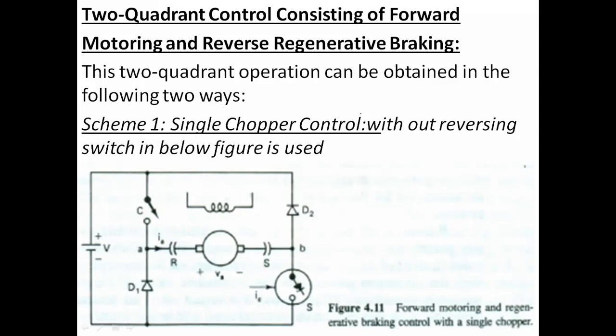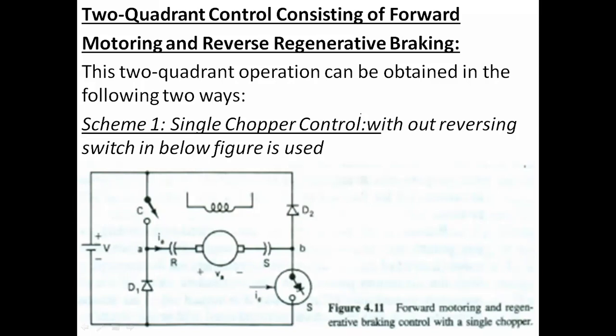Briefly, I will give you an introduction, and scheme 1, scheme 2 and mode 1 I will explain in the next class. This two quadrant chopper will be explained in the next class, but orally a little bit I will explain today. This two quadrant operation consists of both forward motoring and regenerative braking.